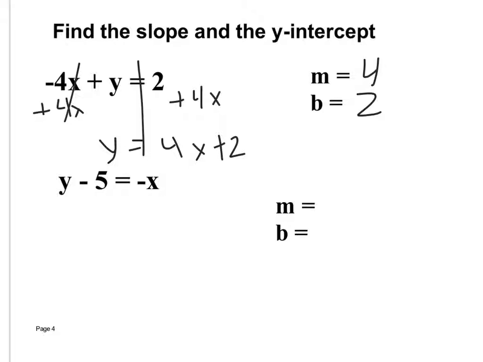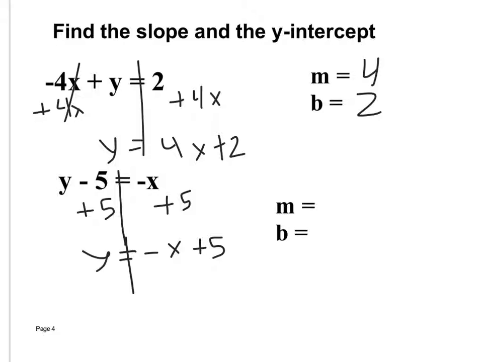William, how would I get y by itself here? Y minus 5 is equal to negative x. Add 5. I would add 5 to both sides. Good. Y is equal to negative x plus 5. Leah, what's my m? 5. No. What did I say if x doesn't have a number in front of it?